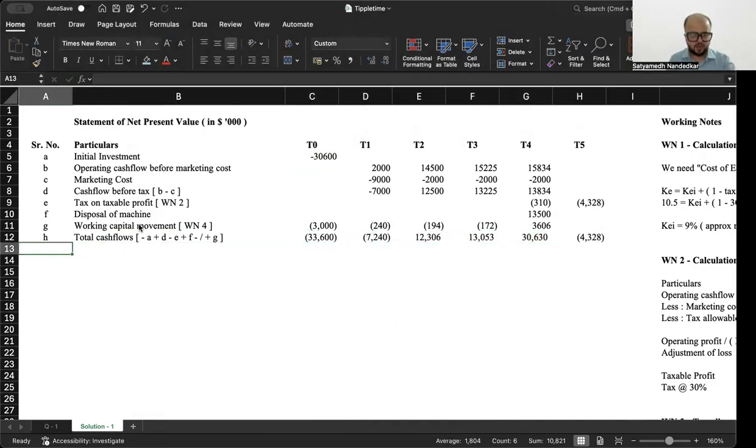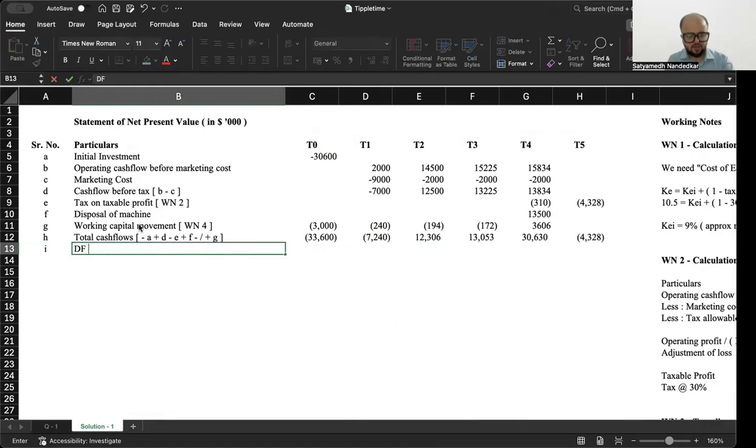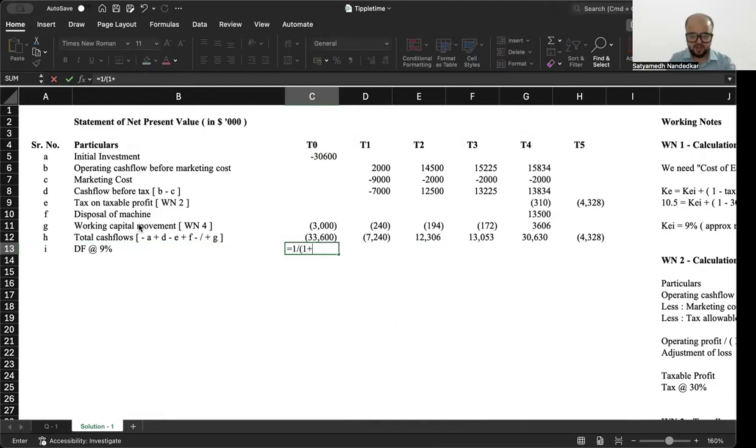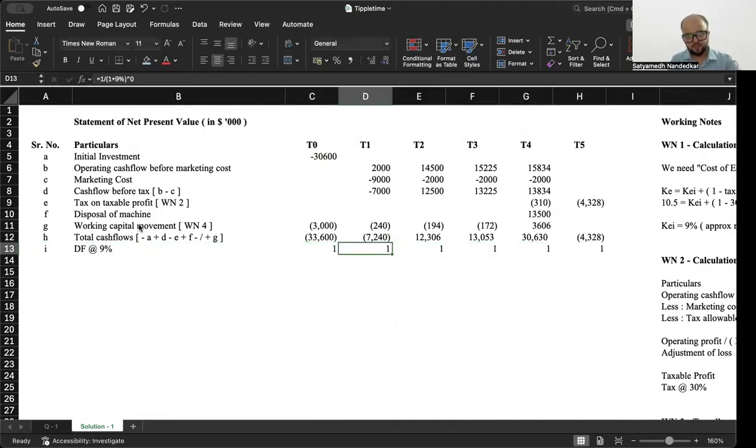After that, discounting factor at the rate of 9%, because that is the rate that we have so painstakingly calculated. This will give me NPV, assuming that it is an all equity financed company.